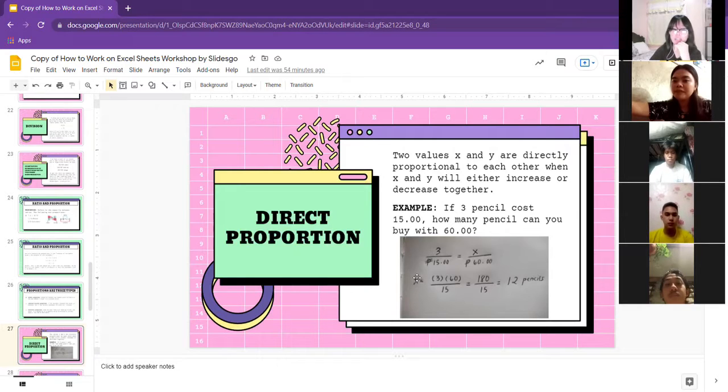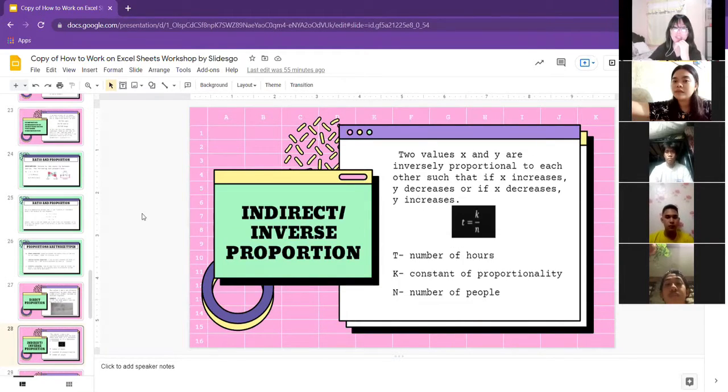So kapag i-rewrite natin siya, x equals 3, which is the pencil, 60 pesos over 15. So kapag sinolve na natin siya, 3 times 60 equals 180, and copy the denominator. So after solving that, i-divide naman natin yung nakuha nating answer, which is 180 divided by 15, and the answer would be 12. So yung mabibili mong pencil sa 60 pesos, it is 12 pencils.